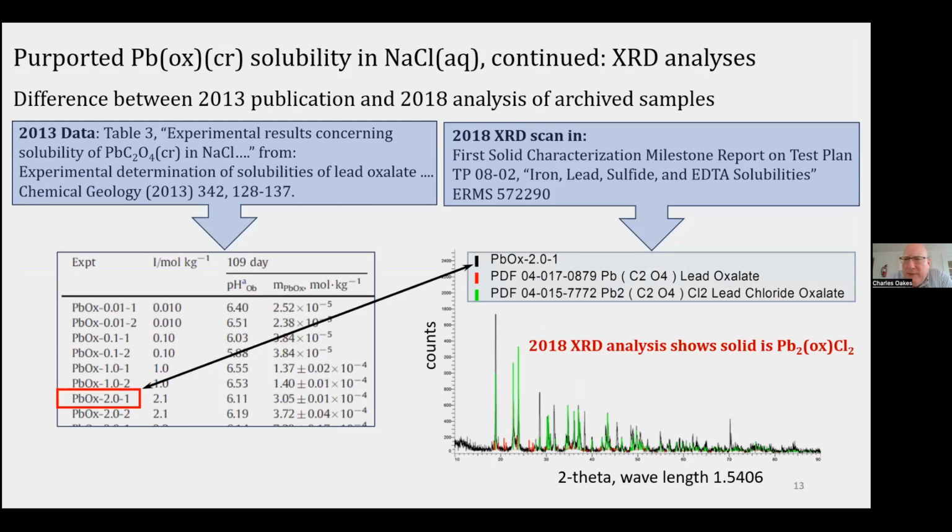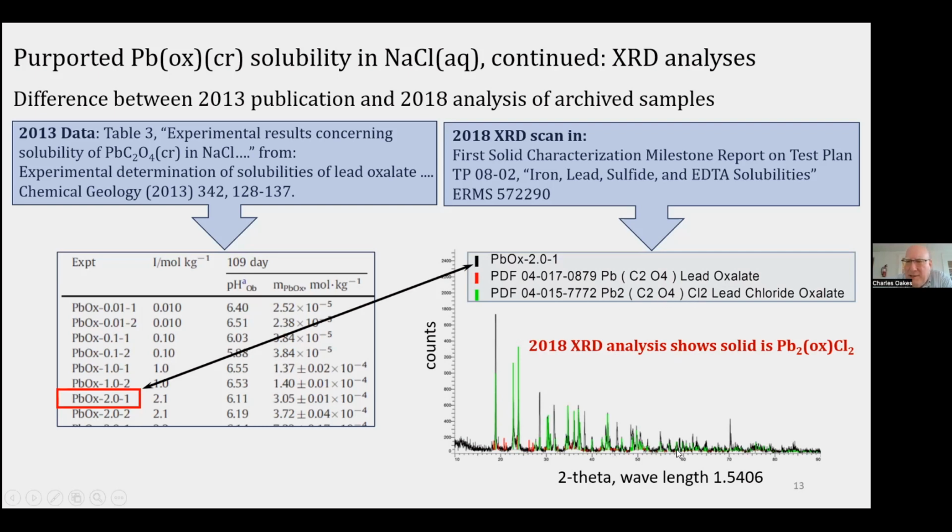So I went mining through the government literature again, looking for that sample ID again, and lo and behold, same result. This XRD scan over here on the right is from a government report. And the green lines here are the 2 theta values corresponding to the reference standard for lead oxalate chloride.